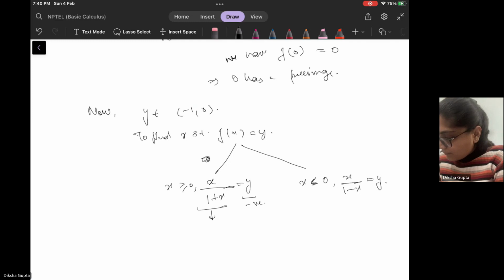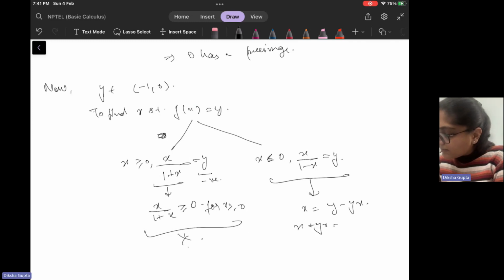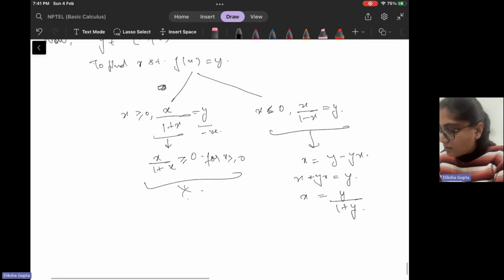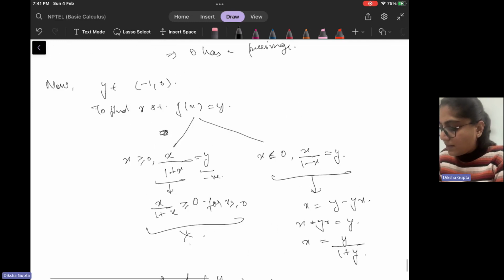And if x is positive, then x/(1+x) is always positive for x greater than 0. So this cannot happen. So when y is negative, this is the only case that can happen. So x equals y minus yx, x plus yx equals y, x equals y/(1+y). So this implies f(y/(1+y)) equals y when we take y from -1 to 0.